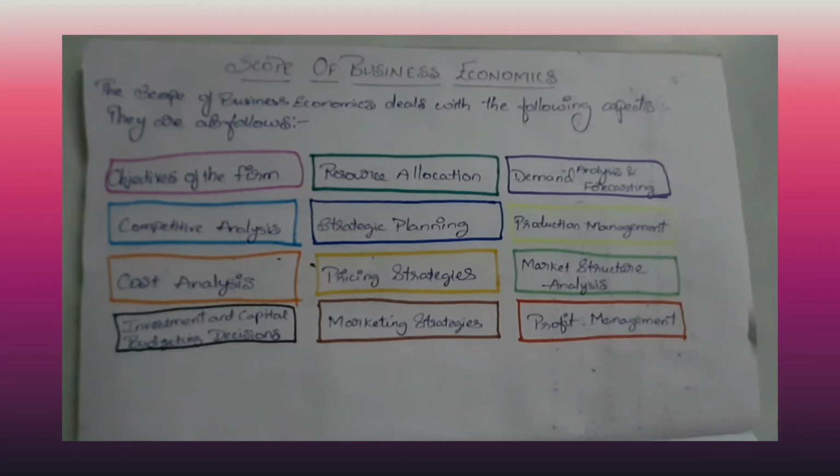Product pricing, branding, etc. So here the analysis to be made on the product and the pricing strategies. Here the cost analysis will tell like how much cost incurred, how much have to be maintained, how to take the decisions regarding how much cost to be incurred, etc. can be learnt in cost analysis.